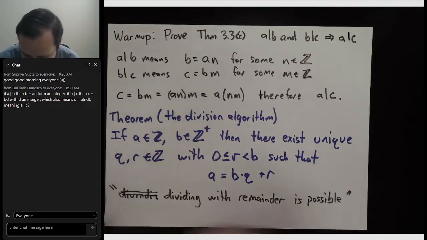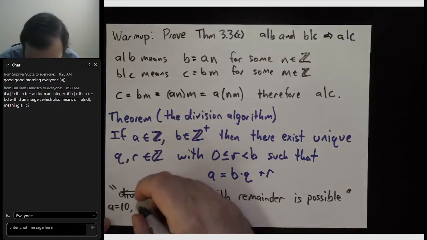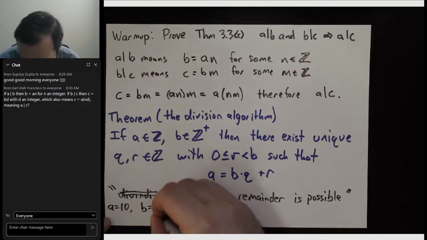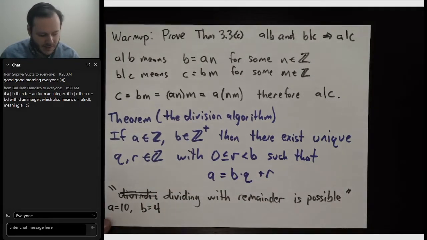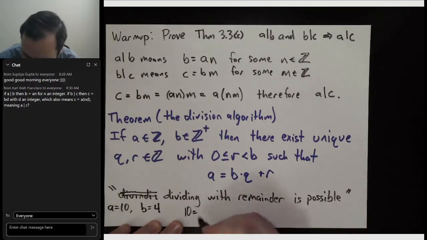So if A was, say, 10 and B was 4, I'm claiming that I can write 10 as a multiple of 4 with a remainder.